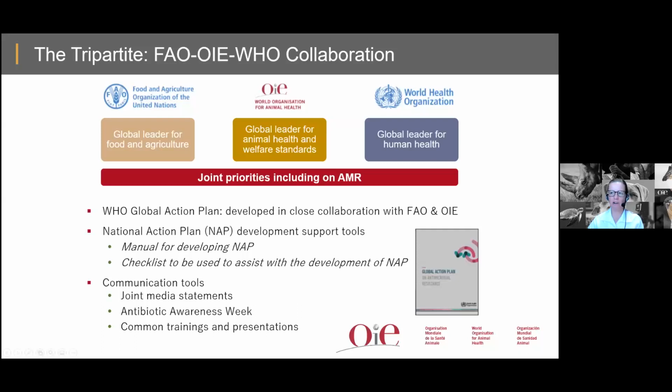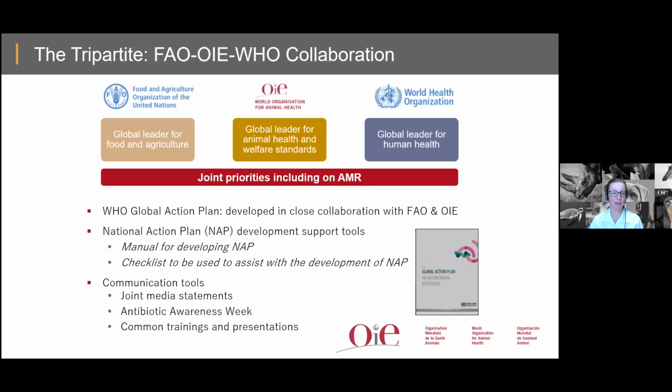So let me just start then with talking a little bit about the tripartite. So this is the FAO, OIE, WHO collaboration. I'm sure you're very familiar with all of these organizations.